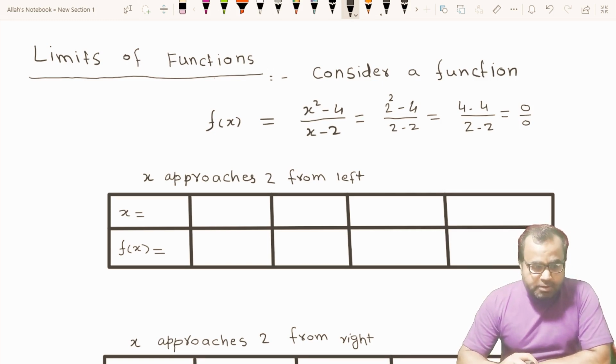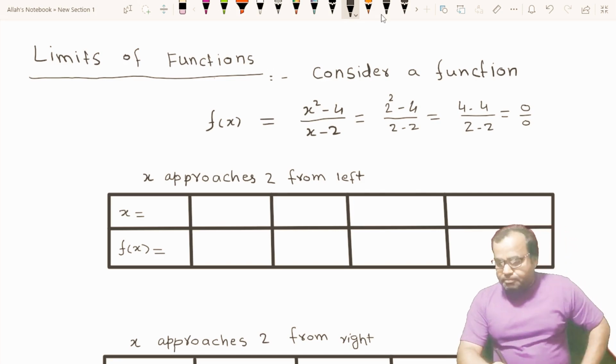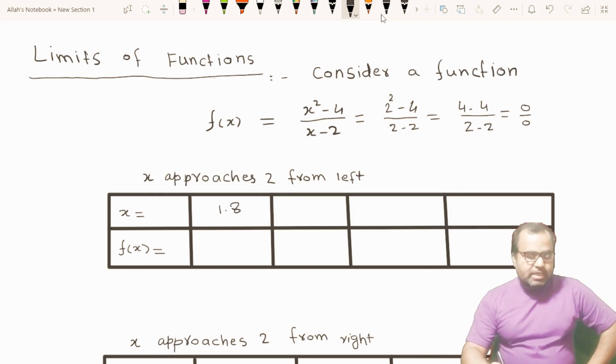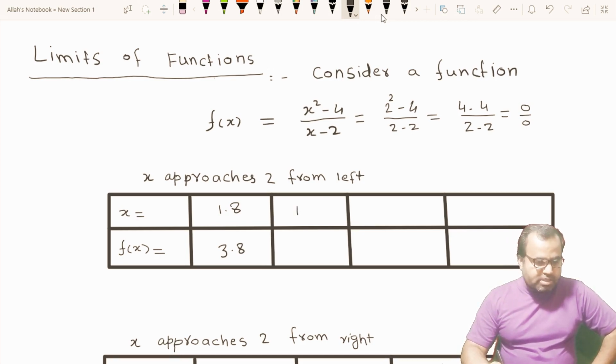Suppose, as you can see on the screen, I put the value x equals 1.8. After putting 1.8 in this function, we will get 3.8.